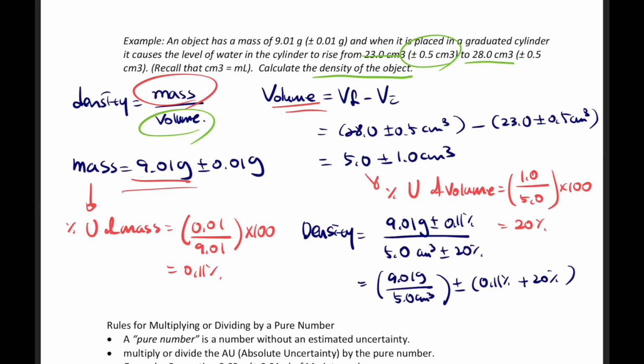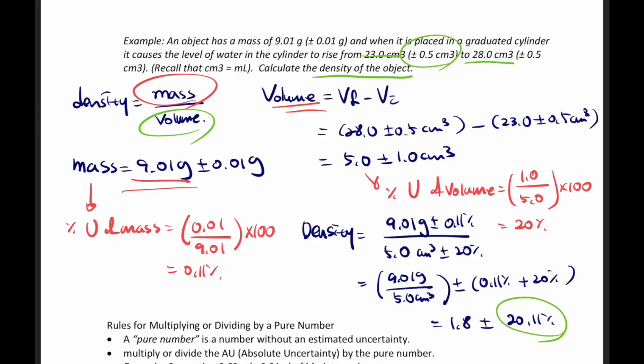Then the calculated answer is 1.8 plus minus 20.11%, right?